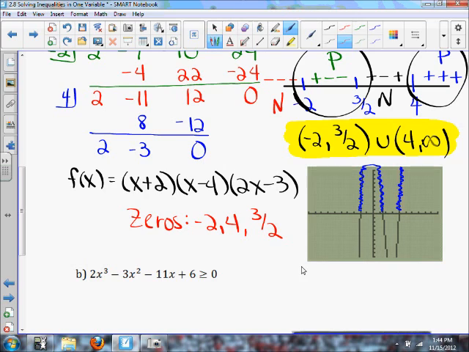It'll be less than 0 underneath and here. So that's where it's less than 0 there. You can see on the graph that's what's really going to happen.